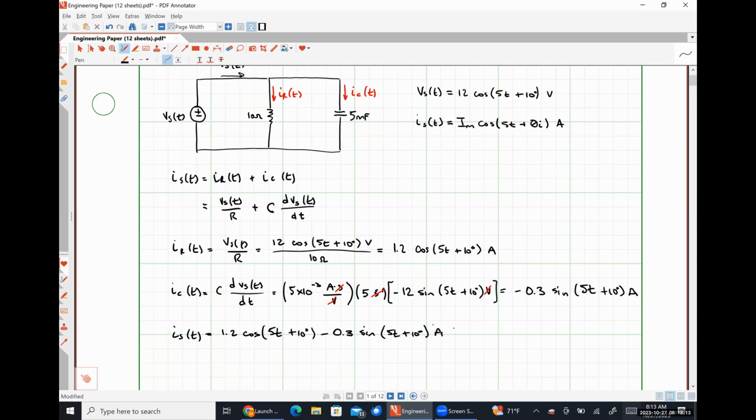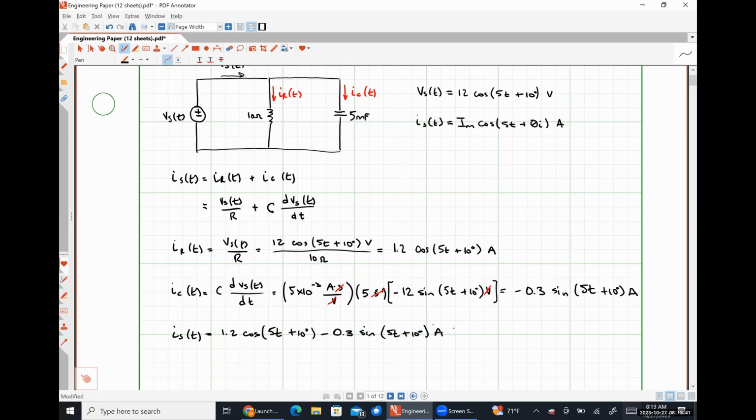So this wasn't particularly difficult. That being said, is the form that we got for Is of t the same form as we would expect? Not really. What I mean by that specifically is that we have a combination of sinusoidal functions instead of a single sinusoidal function.